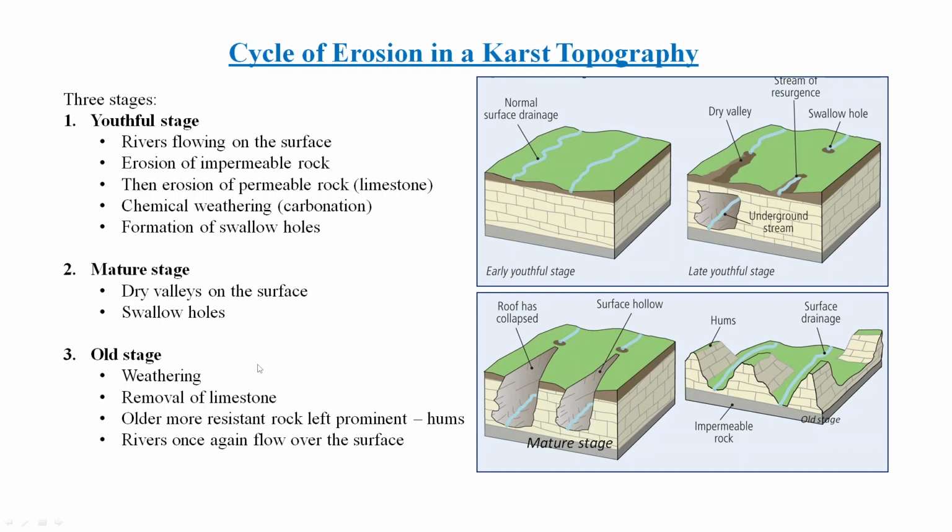In the old stage, weathering, then removal of the limestone, only older more resistant rock is left, like these karst towers will only remain when it is in the old stage. So, rivers once again flow over the surface.